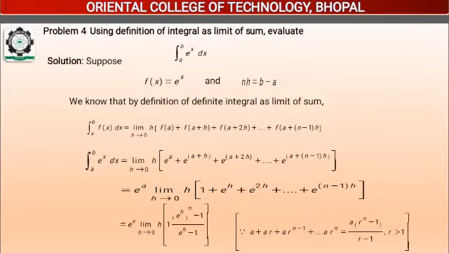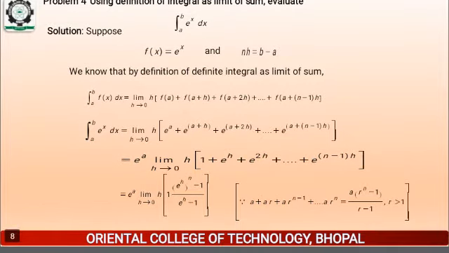In place of f(x) we put e to the power x, and by putting this value we have e to the power a, e to the power (a plus h), e to the power (a plus 2h). According to the index rule, e to the power a will be common here, and the rest of the terms: limit h tends to 0 of h[1 plus e to the power h plus e to the power 2h, and so on].